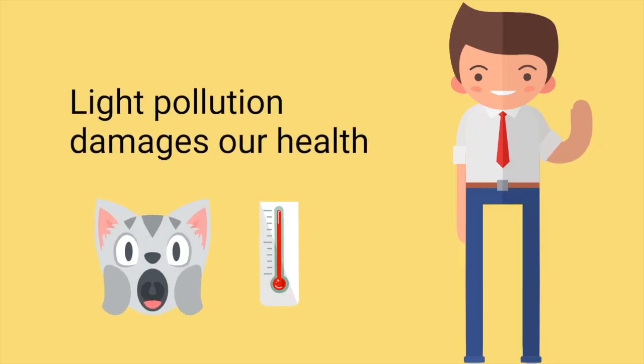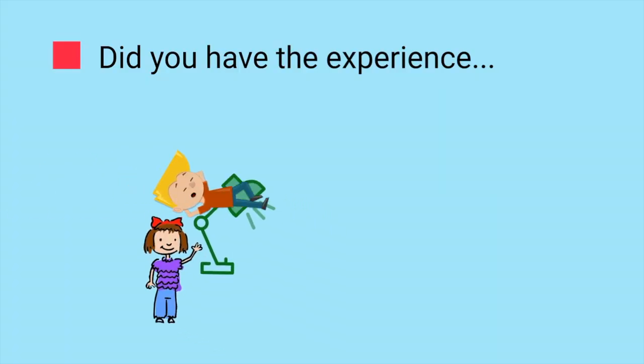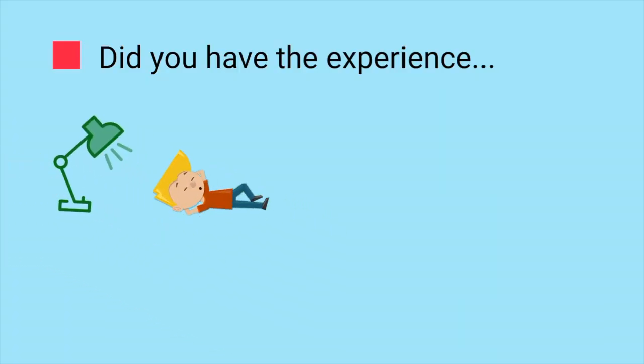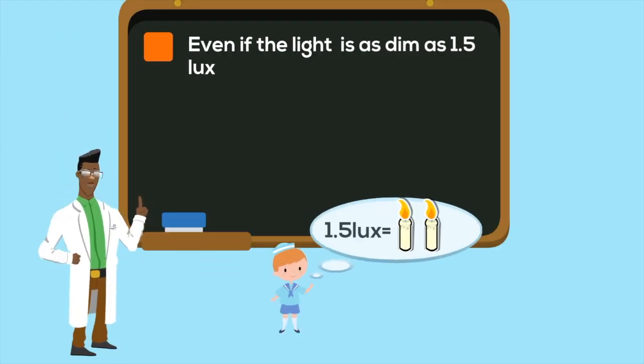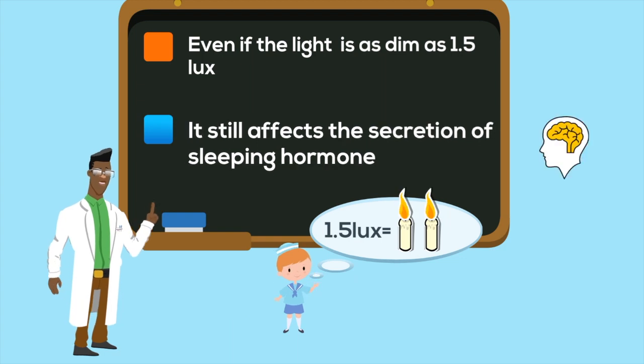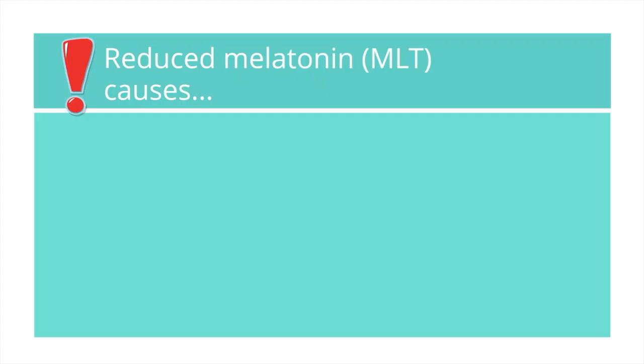Light pollution does great harm to our health. Did you have the experience that someone turned the light on when you were sleeping? If so, did you feel very uncomfortable? Well, biologists suggest that even if the light is as dim as 1.5 lux, it will significantly reduce pineal melatonin production and secretion.